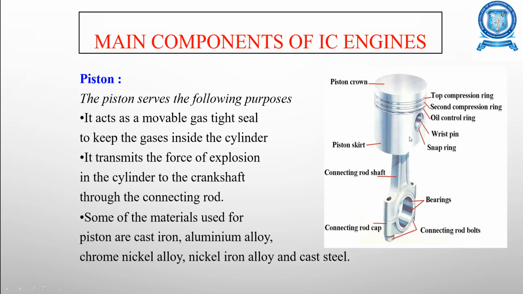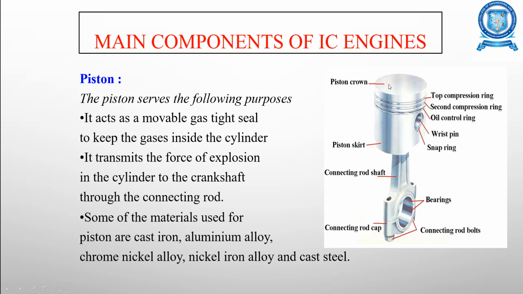The piston, which moves inside the cylinder, acts as a movable gas-tight seal to keep the gases inside the cylinder, and also transmits the force of explosion in the cylinder to the crankshaft through the connecting rod.